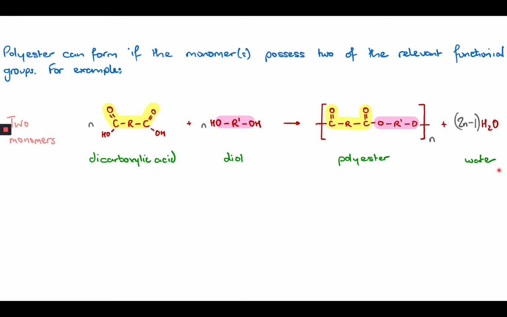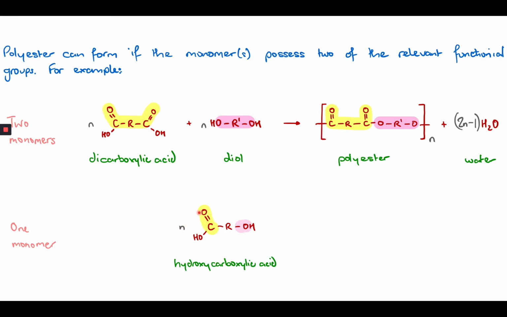How could it work with 1 monomer? Well, here we have a single molecule where one end is the carboxylic acid and one end is the alcohol group. And so it can form ester linkages with itself or with other molecules of the same type.